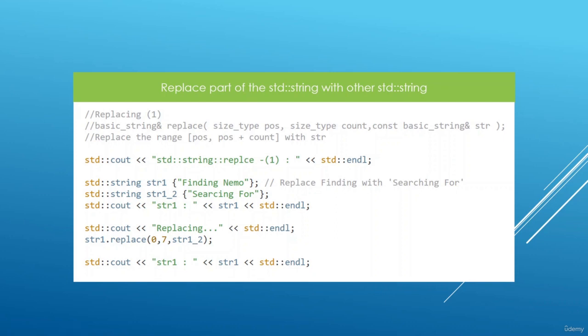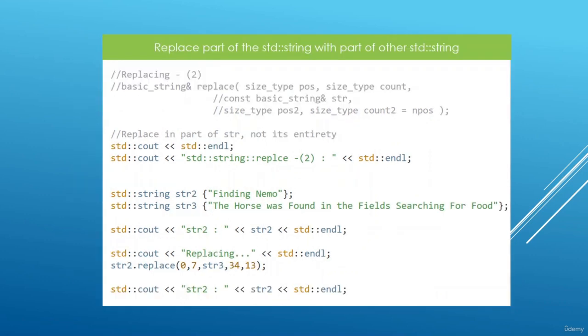And this is how you can use this, and hopefully you can see that this may come in handy in many situations where you have text you are manipulating, replacing stuff, and things like that. This behavior also has other versions. For example, we can replace part of an std::string with part of the other std::string. What do we mean here? We have str2 here.